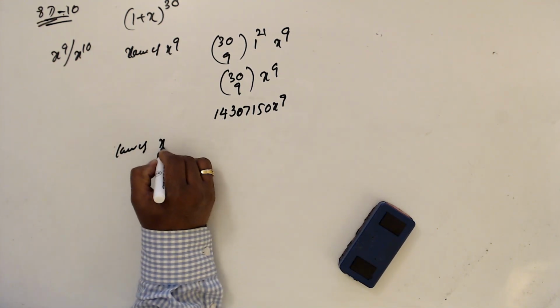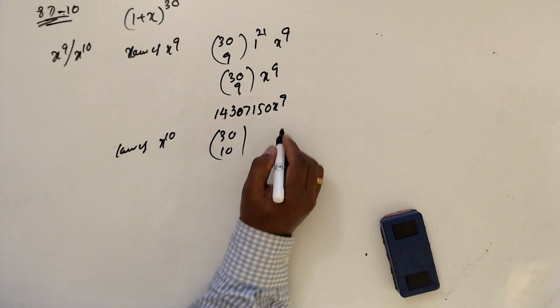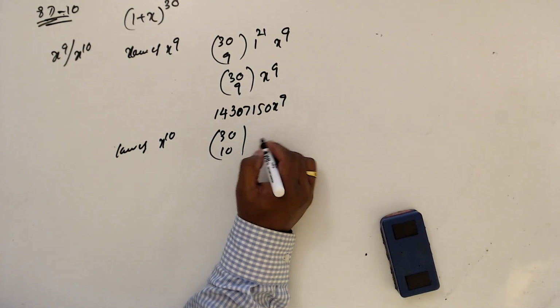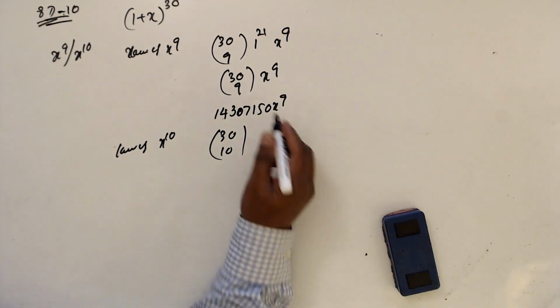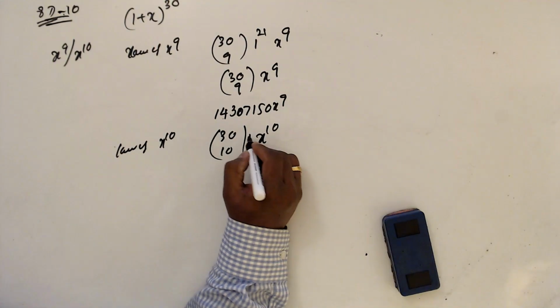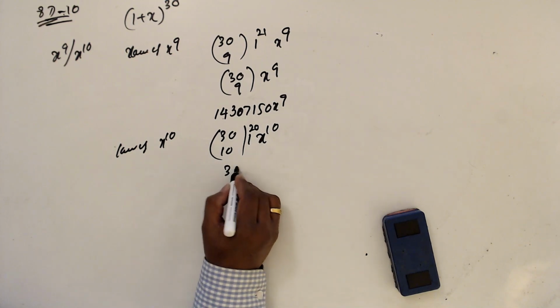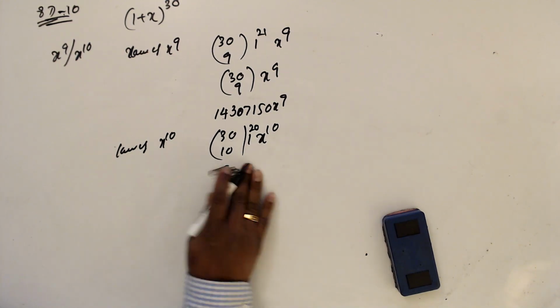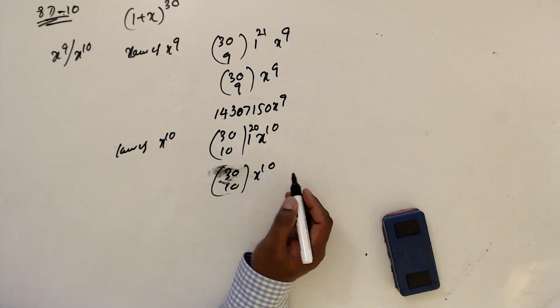The coefficient of x10 is 30 C 10, and x10.